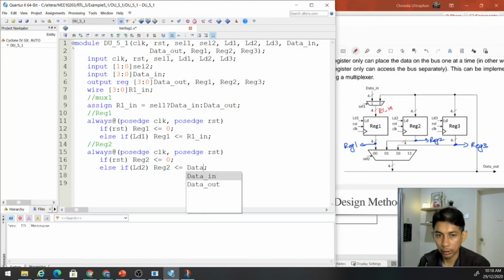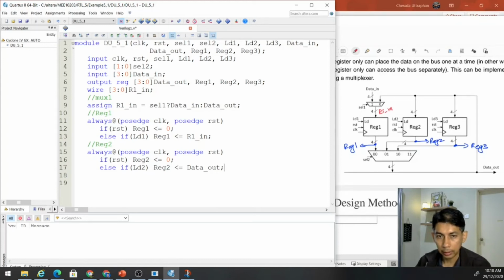So it should be data out. You can see that this code is directly synthesizable. This is called synthesizable code, meaning that everything here directly represents this, this represents this, this represents this.